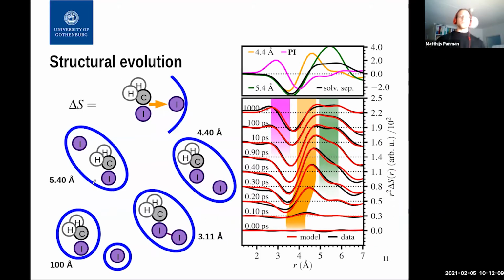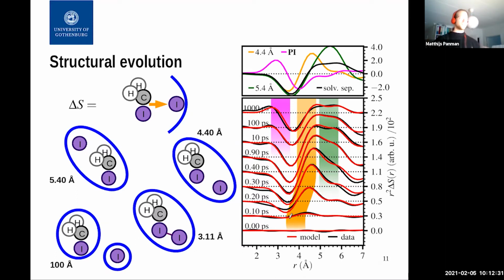So, shown here are the structural fits. We do the fits in reciprocal space, but I've shown here real space difference scattering of the photodissociation of diiodomethane in cyclohexane. The molecule is excited at T0, 0 picoseconds here.